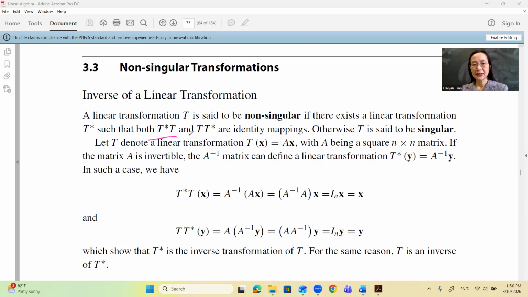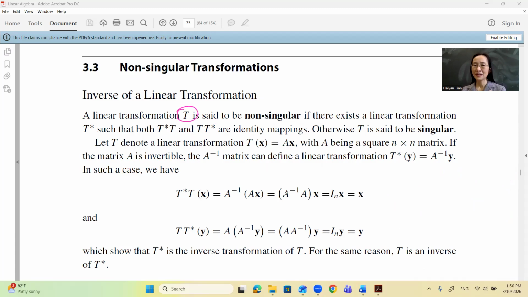So if that's the case for this transformation, if T has such a mapping T star such that T star T and T T star are both identity mappings, then we say T is non-singular.